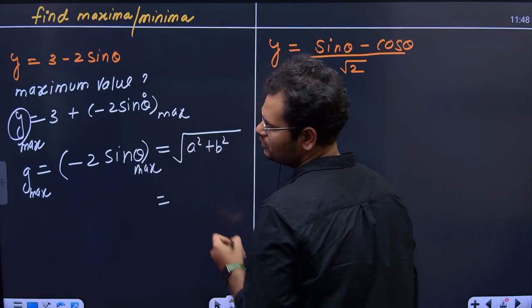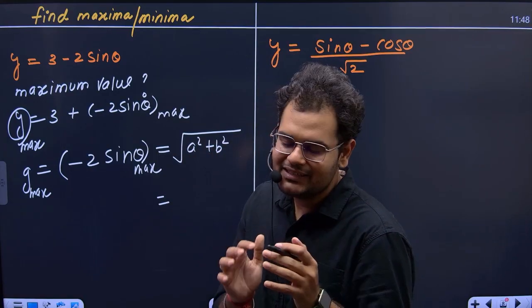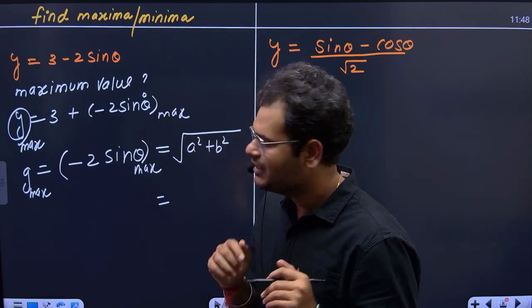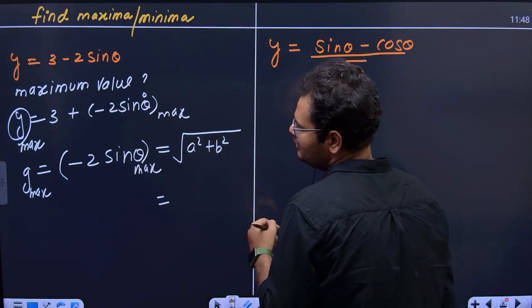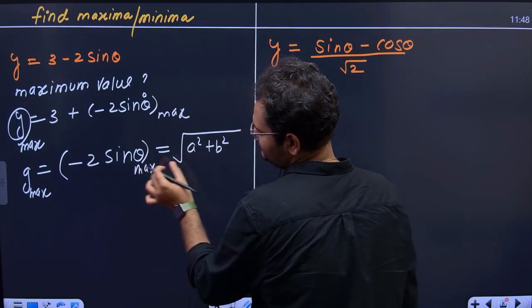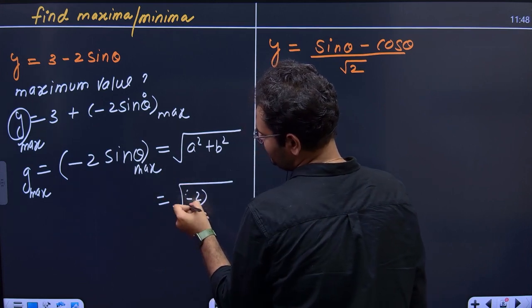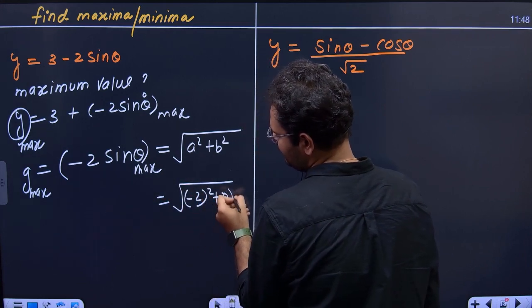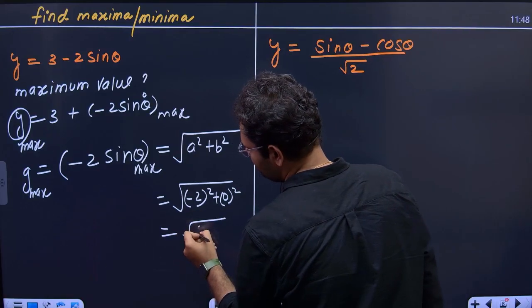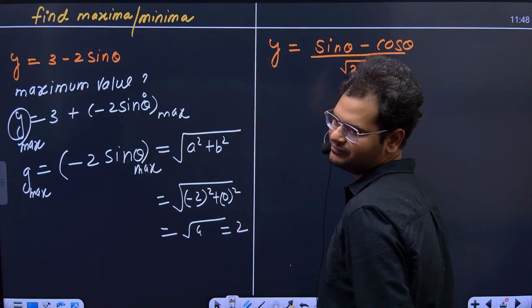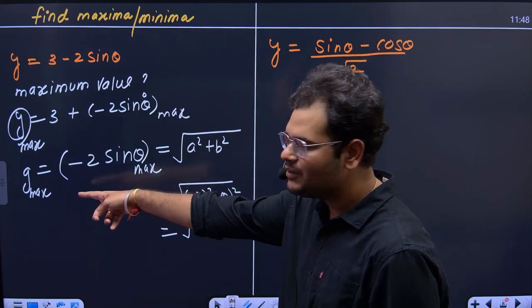Just now I told you it is of the form a sin theta plus or minus b cos theta, right? Sir, what is a and what is b here? So here a is equal to minus 2 and b is equal to 0. So you substitute: minus 2 square plus 0 square is nothing but root 4, which is nothing but 2. So finally I got the maximum value of this function.